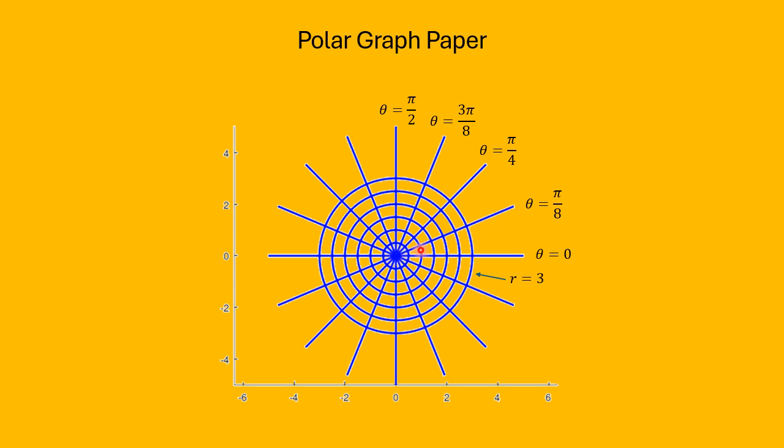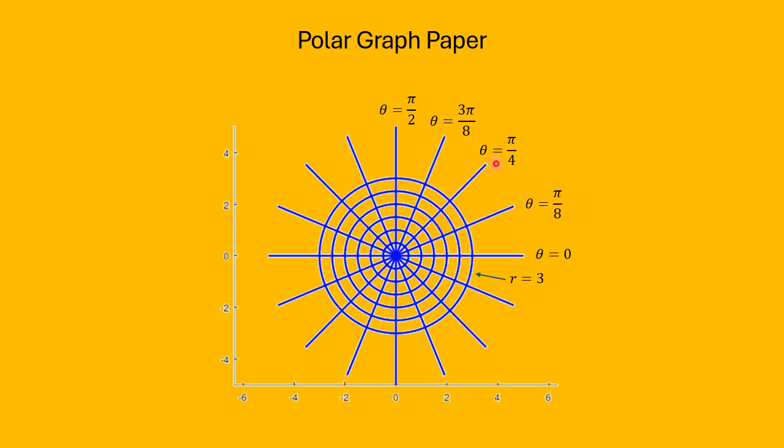For instance, the ray coming down this way is theta equals 0. All the points on this ray have a theta coordinate of 0. On this ray, all of the points have a theta coordinate of pi over 8.